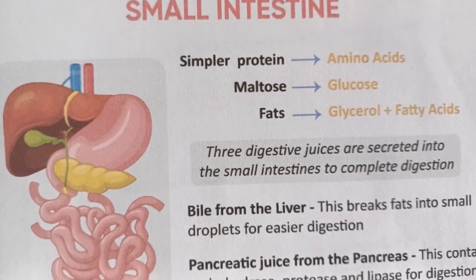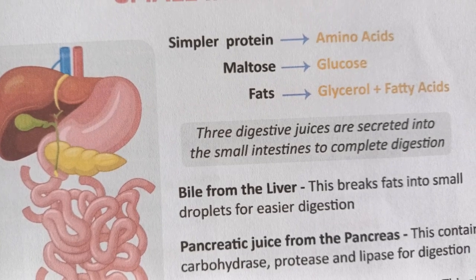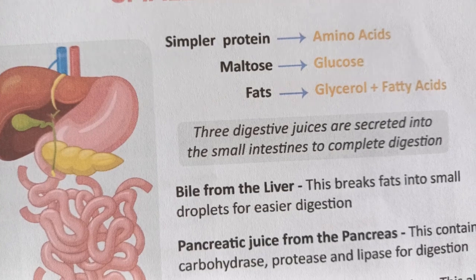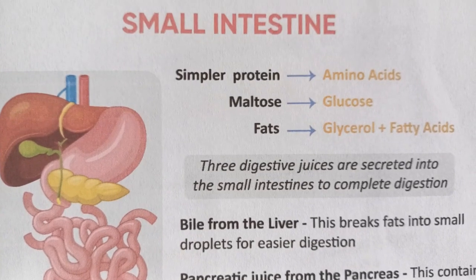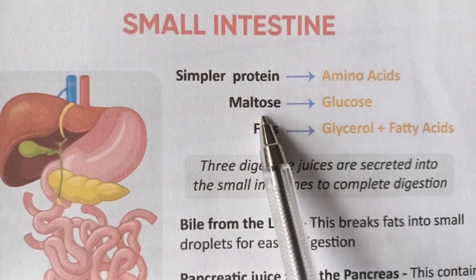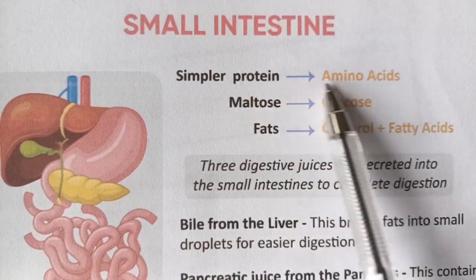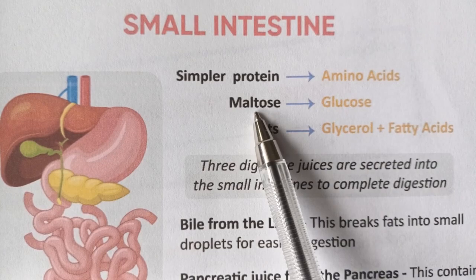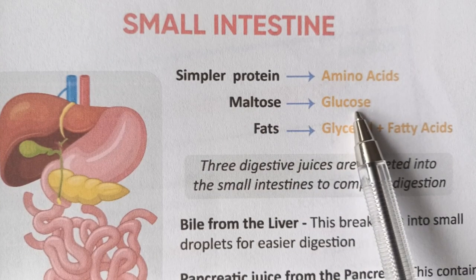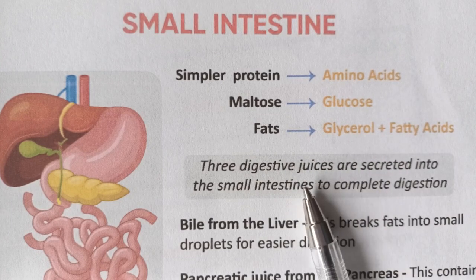The small intestine receives different digestive juices, and the digestion of carbohydrates, proteins, and fats takes place in the small intestine. So proteins are broken down into amino acids. Complex carbohydrates are broken down into simple sugars like glucose, and fats are broken down into glycerol and fatty acids.